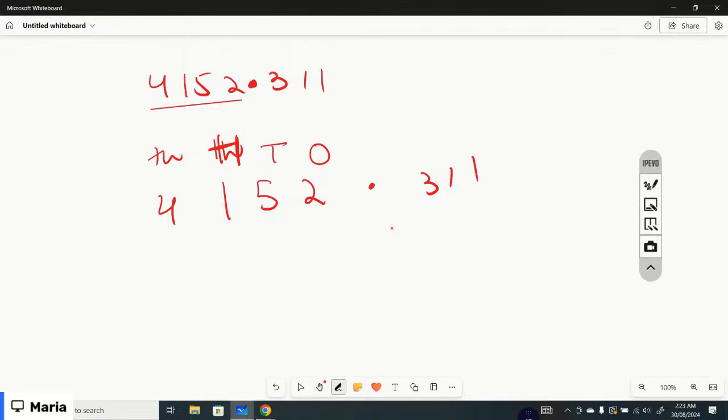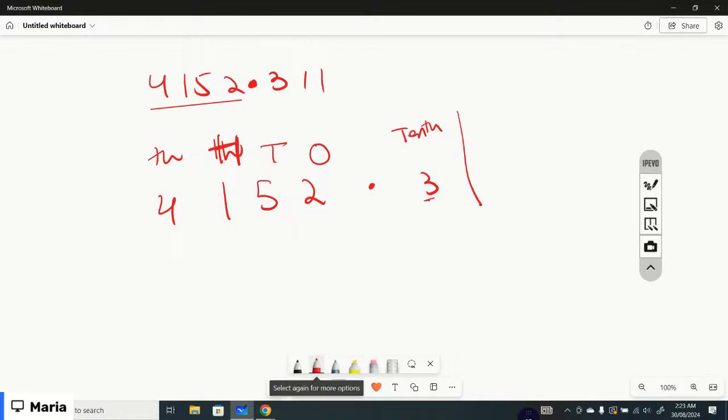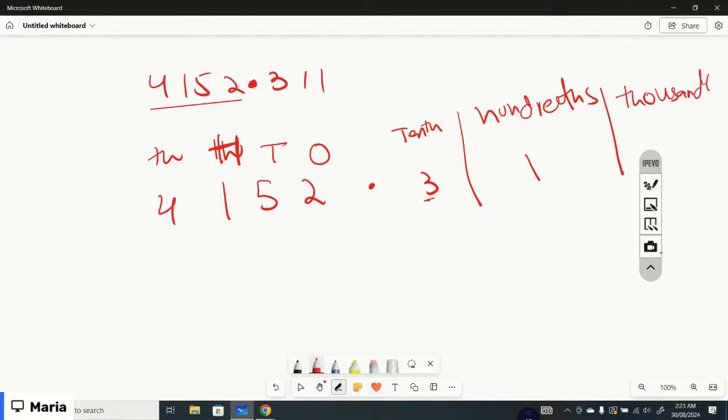On the right-hand side of the decimal point, the digit 3 is at the tenth position. Then you have the hundredth position, that is 1. Then you have the thousandths position. One important thing here is that you have "th" with them: tenths, hundredths, and thousandths.